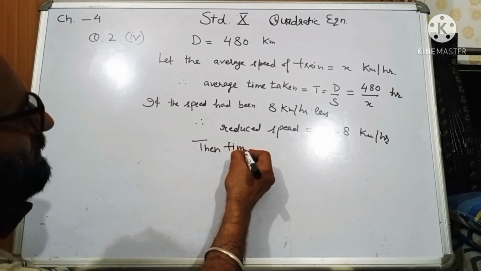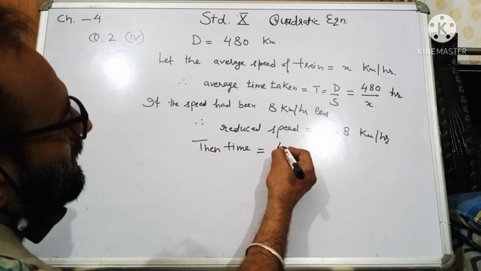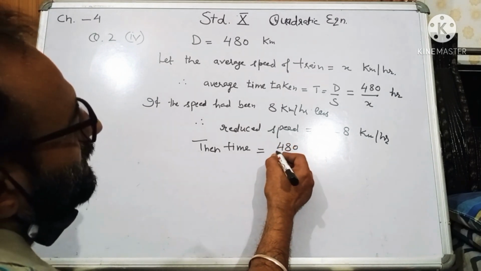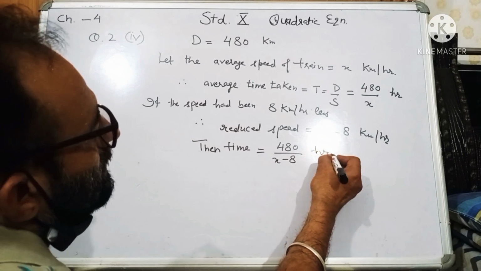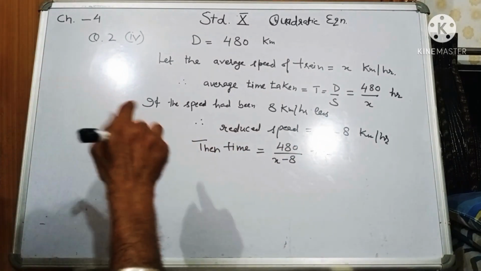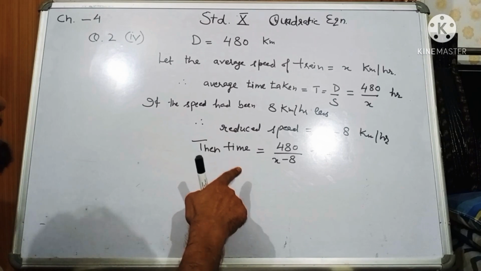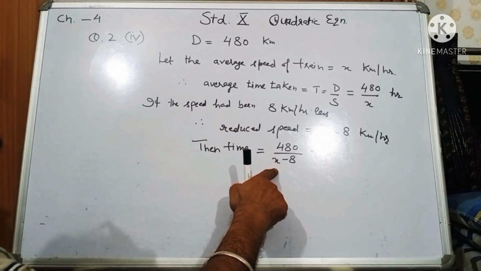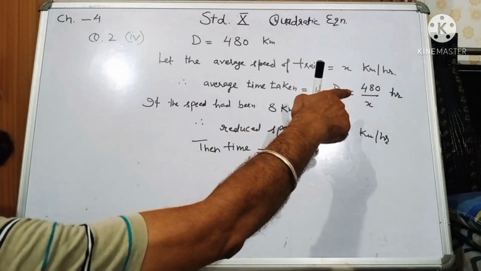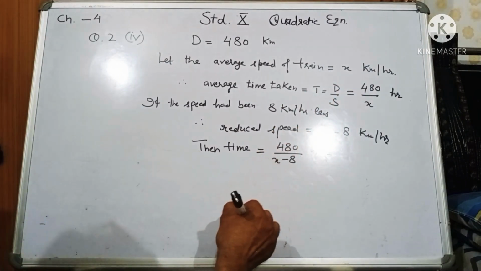We know time is distance over speed. Distance is the same, that is 480 over x minus 8. Now you know if the speed has been reduced, the time taken would be more. This time would be more than the average time by 3 hours.